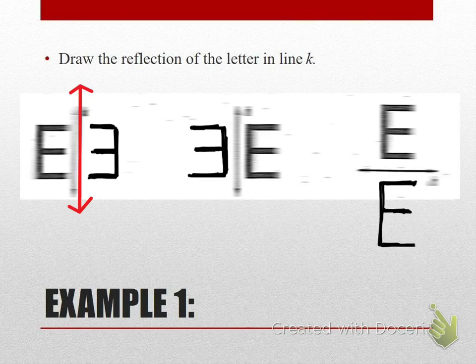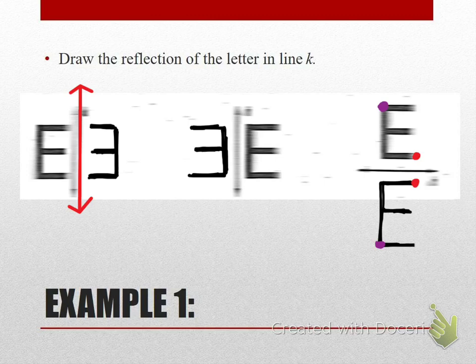Okay, it should still look like a letter E, but the points that were closest to your line of reflection would still be closest to the line of reflection. So like those points, the red points I just made should match up. Or if I were to put a point up here, that's going to flip all the way down to here.